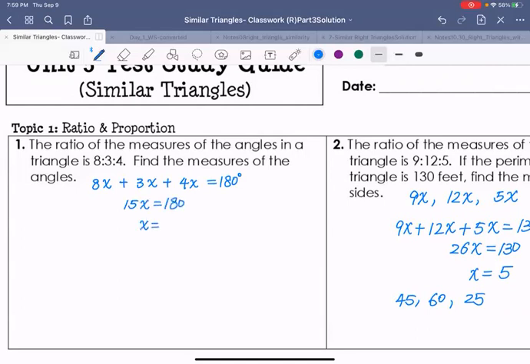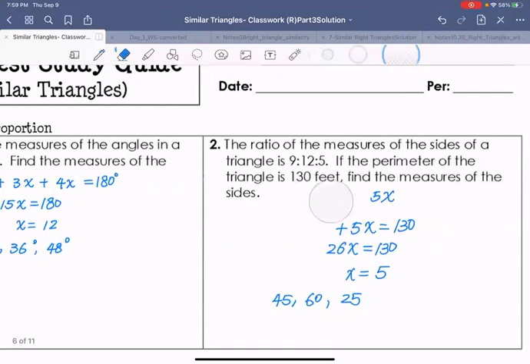X equals 180 over 15 is 12. Good. So one of them will be 96, another will be 36, and the other will be 48. There you go. Thank you.